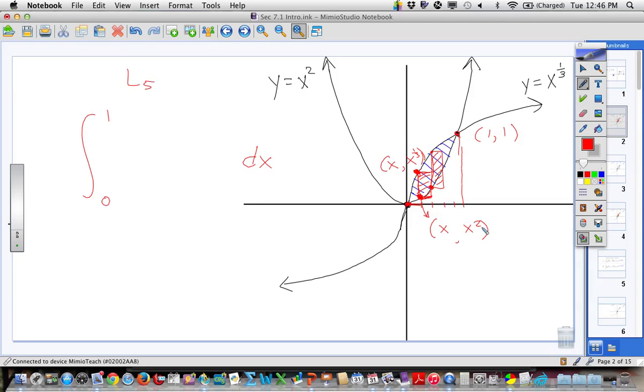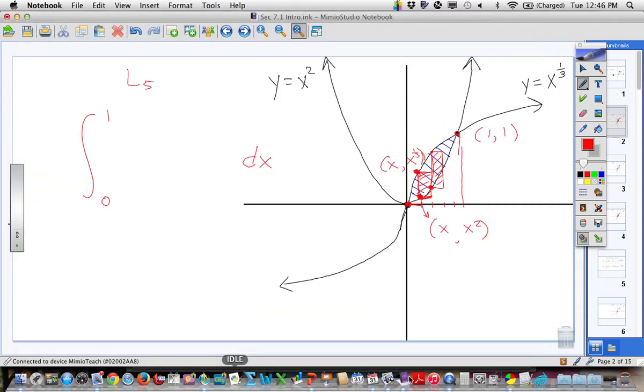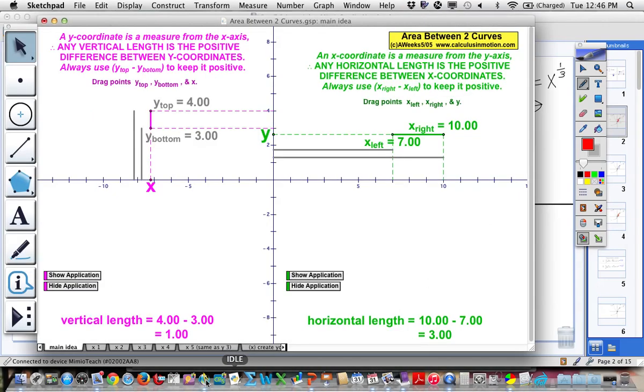Okay, now I've got another little picture that might help you see this. And then we'll have a formula you can put in your notes. But really what we're talking about is trying to find a vertical strip length like this, right? If we go back to my picture here, we're trying to find this red length right here. Well, how do we find that red length? We find it by taking the top y value minus the bottom y value, right? And so 4 take away 3 would be 1.